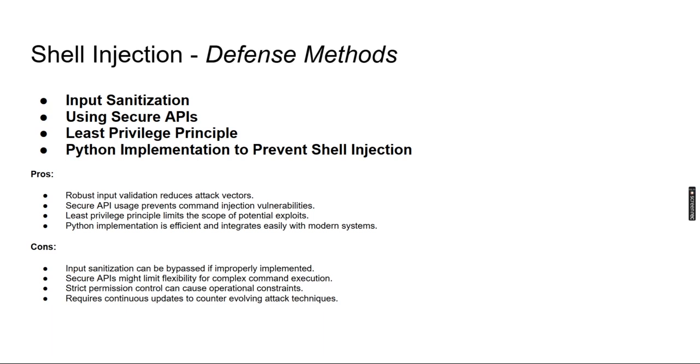The least privilege principle means applications are run with the minimal permissions required, and it will limit the potential damage from vulnerabilities that can be exploited by an extensive system.